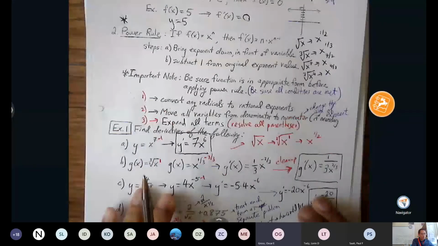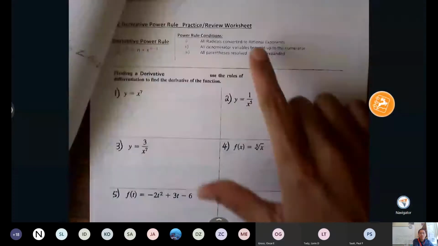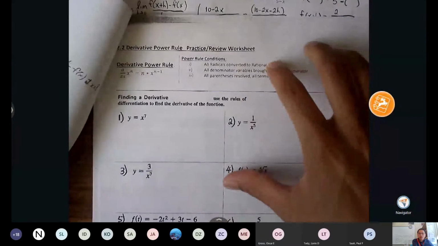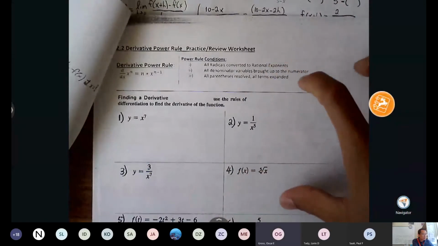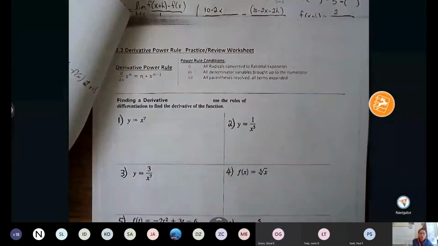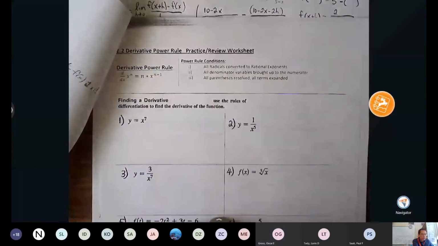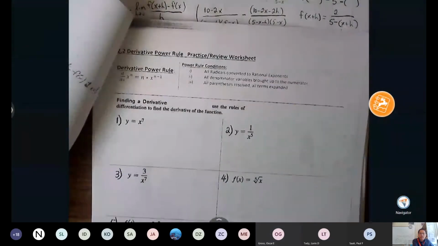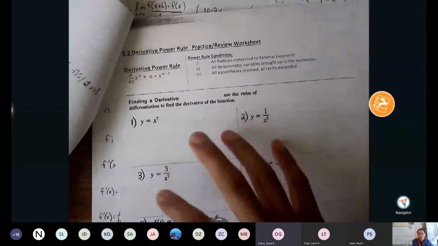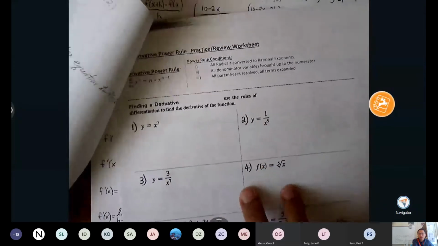Okay, your homework is, I have that indicated under today's date. It's just the odd number problems. I spelled out the condition, the derivative power rule, and the key is attached. So you can work through and you can check your answer along the way.